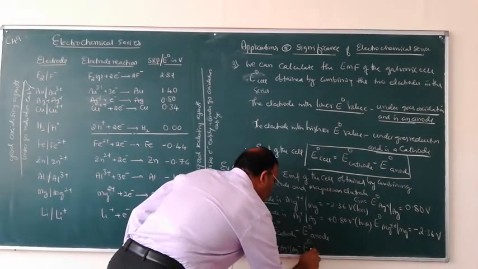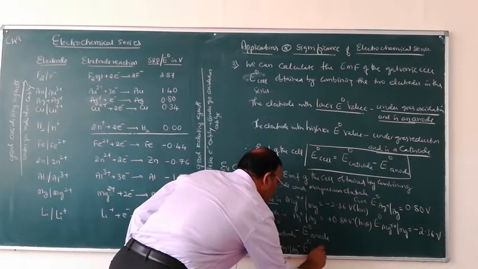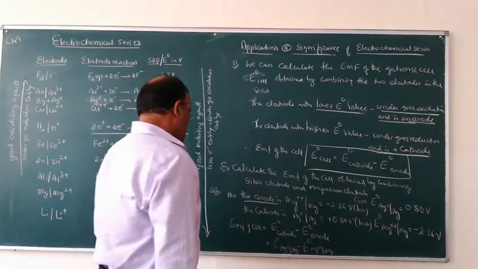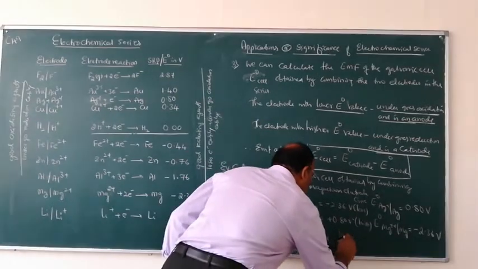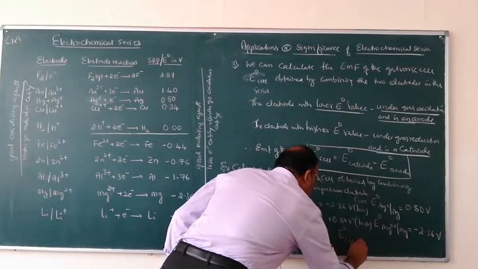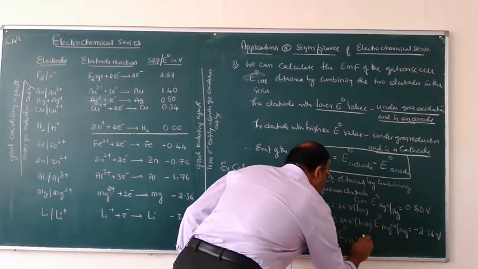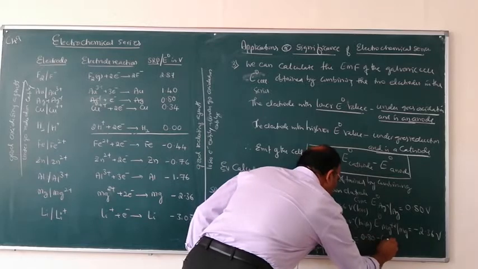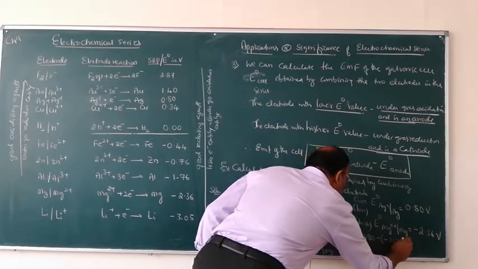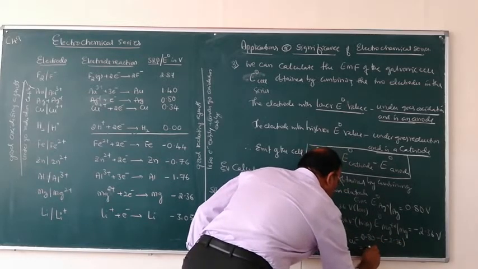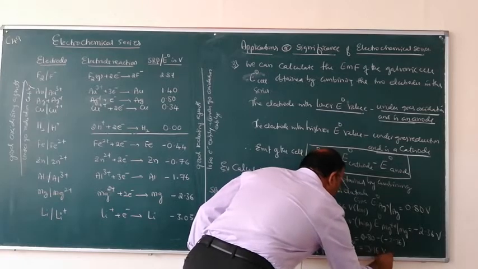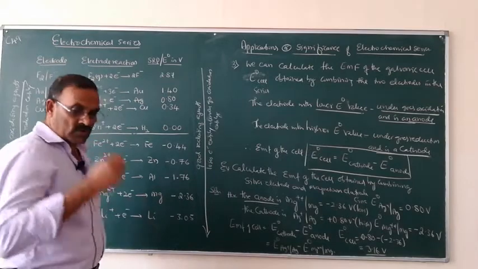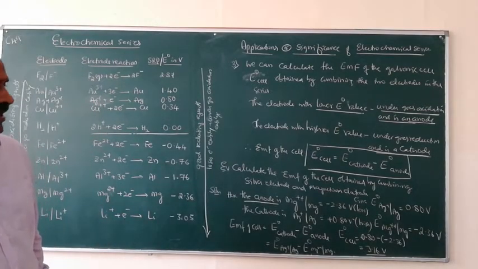E naught of Mg2 plus bar Mg. So E naught of cell is equal to 0.80 minus of minus 2.36. This is equal to 3.16 volts.